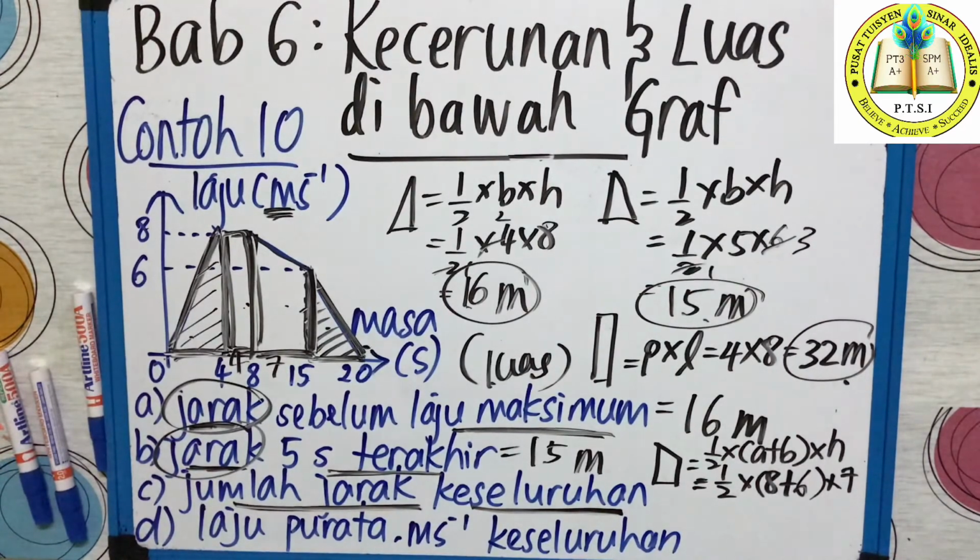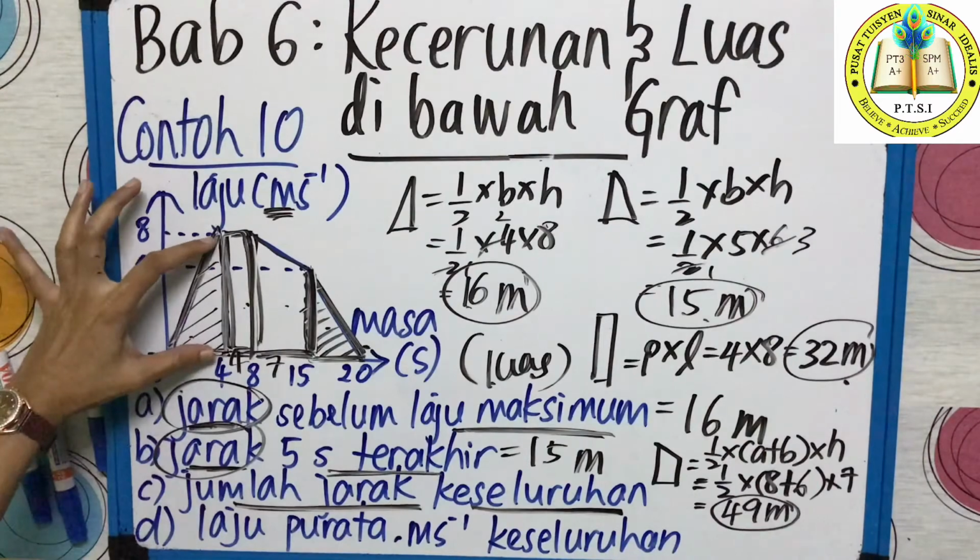So when you solve that, you get 49. Kamu dapat 49 meter. Yes or no? 8 plus 6 is 14. 14 and 2 you cut is 7. So 7 times 7 is 49. So 49 meter. So bila soalan minta jumlah jarak, you do the whole area.